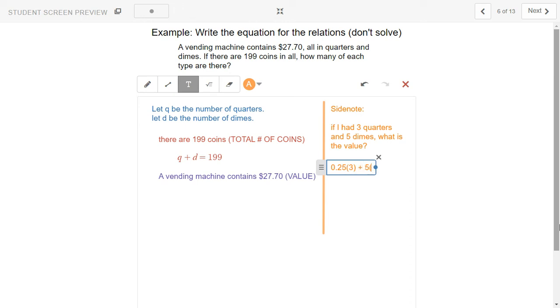Then I'm going to add 5 times 0.1, which is the value of a dime. So that equals 0.75 plus 50 cents. And in total, we have $1.25. But what you did here was take the value of the coin times the number of coins to give us the total value.